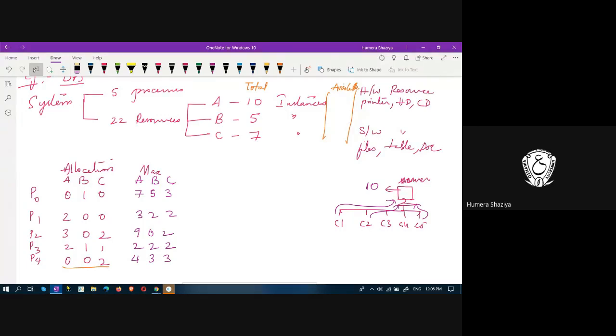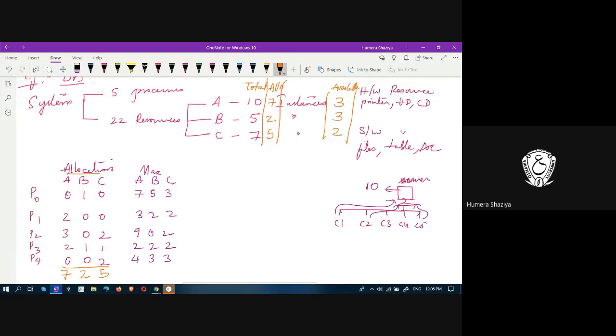This is allocation. So, how many instances of A have been allocated? 2 plus 3, 5, plus 2, 7. And here B, 1 plus 1, 2. And for C, it is 5. So if this is total and this is allocated, then out of 10, 7 have been allocated, here 2 have been allocated, and 5. So the available instances are 3, 3 and 2.